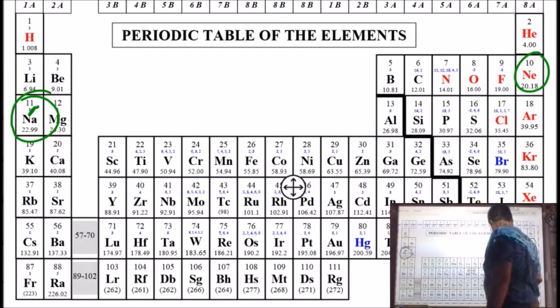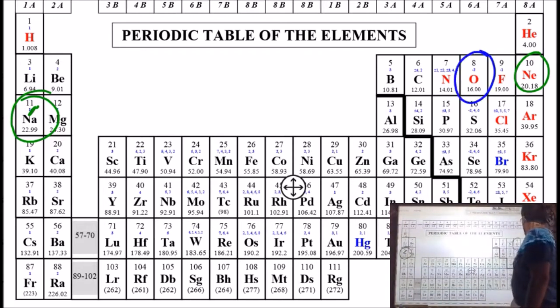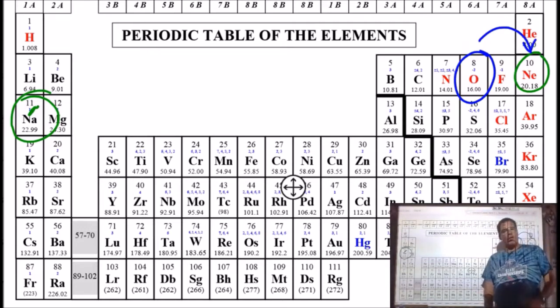So sodium will have 10 total electrons, but 11 protons. Oxygen, on the other hand, has 6 valence electrons, but a total of 8 protons and 8 electrons. When it turns into an ion, it'll gain 2 electrons and have the same number of electrons as neon. So here's the question. We have oxygen with 10 electrons, sodium with 10 electrons. Who is bigger?